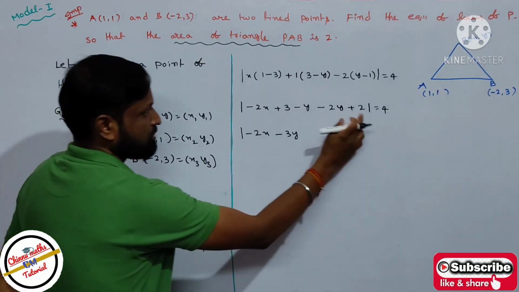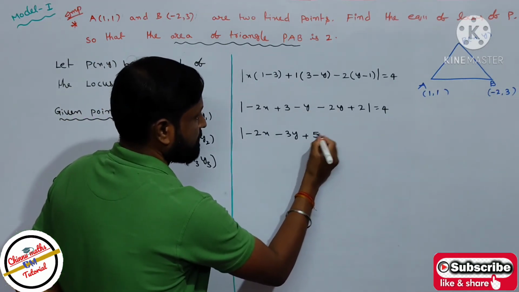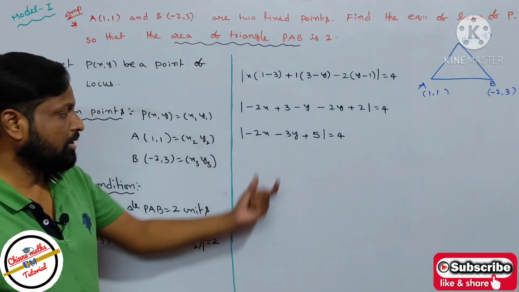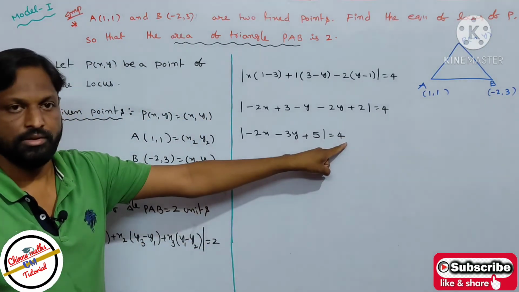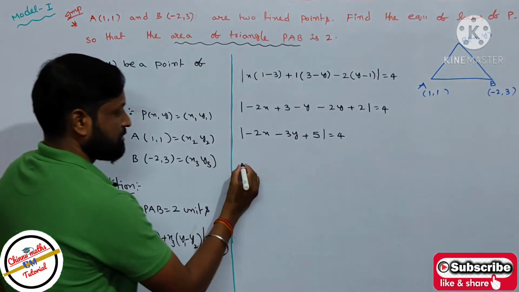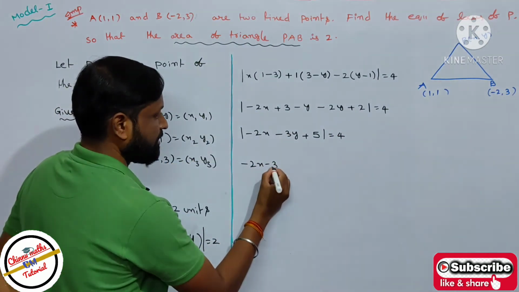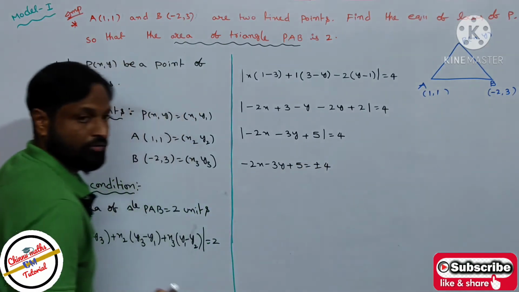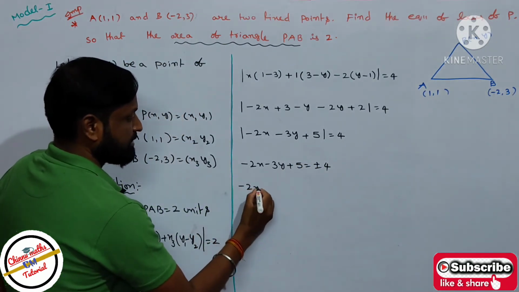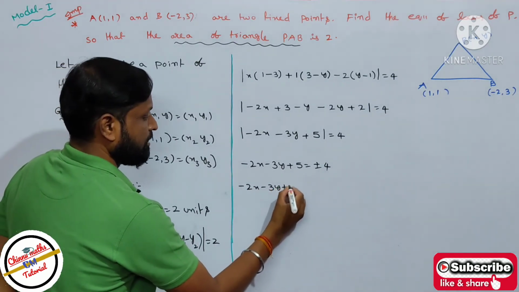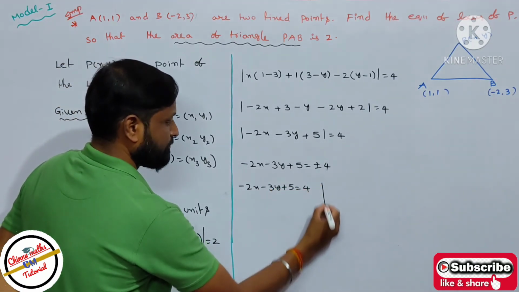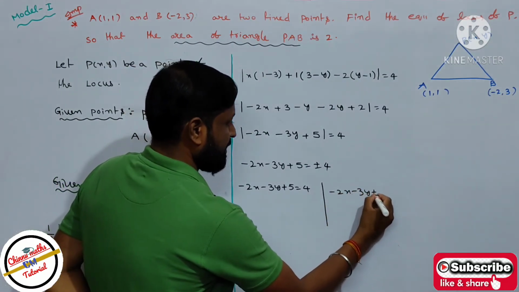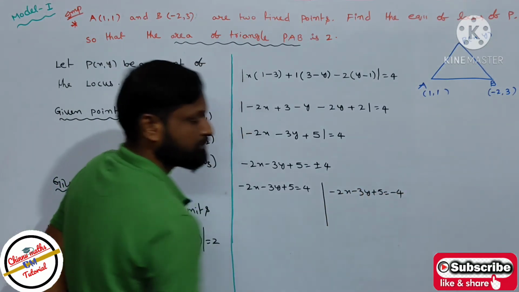Next, plus 3 plus 2 equal to plus 5 equal to 4. Already we discussed, if you eliminate the modulus value, you can write on the right side plus or minus. So then minus 2x minus 3y plus 5 equal to plus or minus 4. Then minus 2x minus 3y plus 5 equal to plus 4. In the second case, minus 2x minus 3y plus 5, that is equal to minus 4.